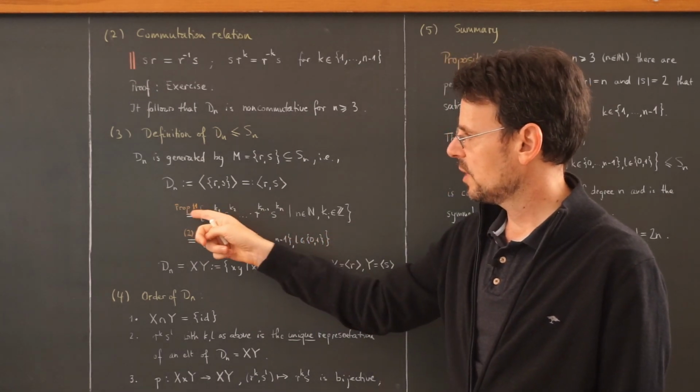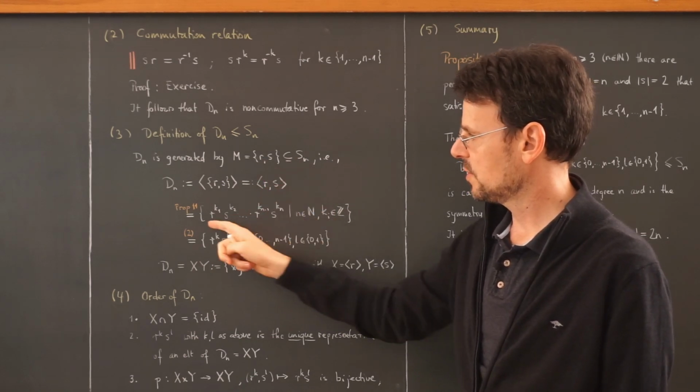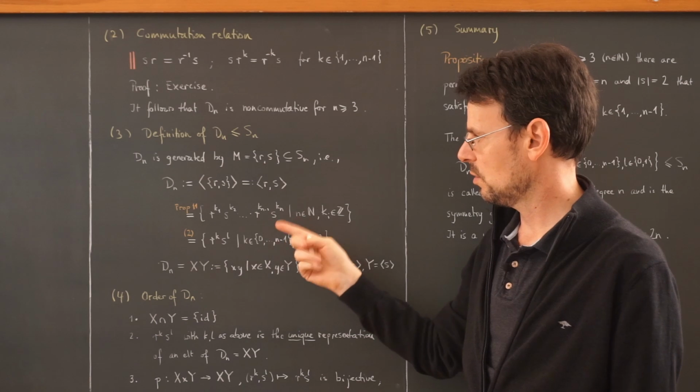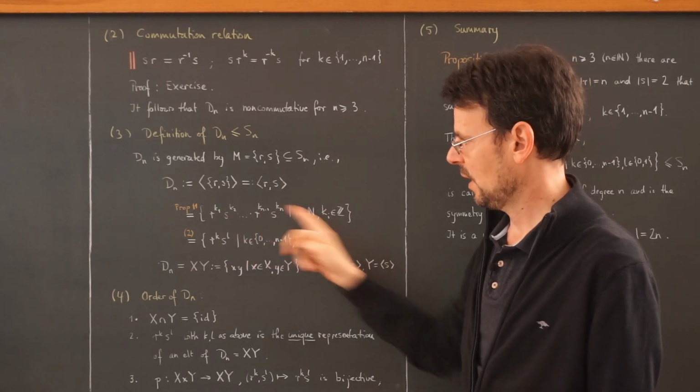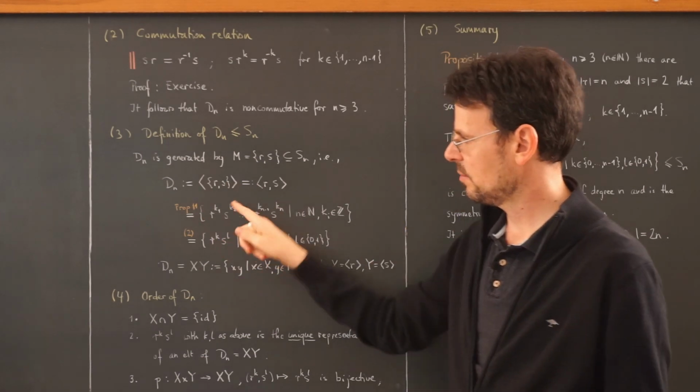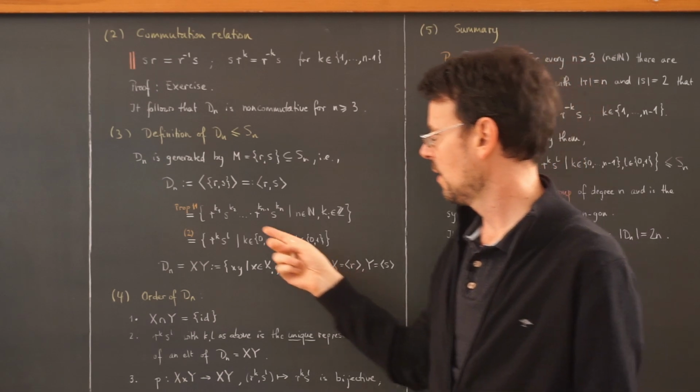Now by proposition 11, the subgroup generated by those can be written as those so-called words in R and S. Actually, there's a little bit missing, but again, you do the details on the next problem set.